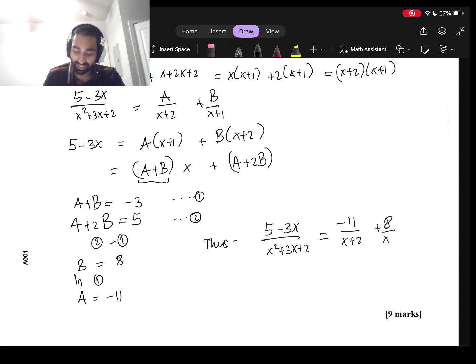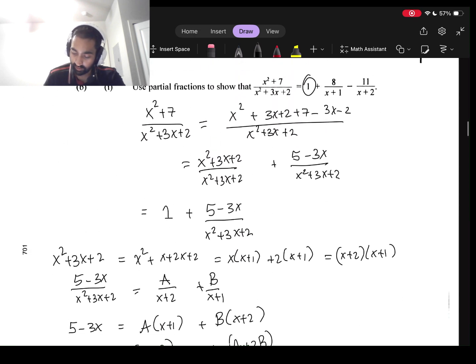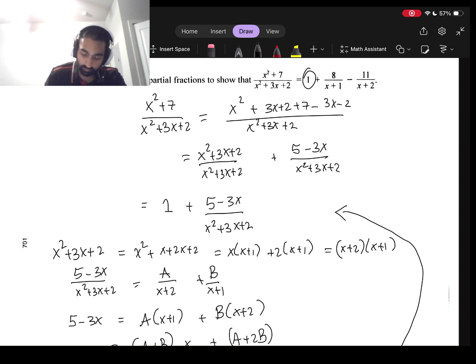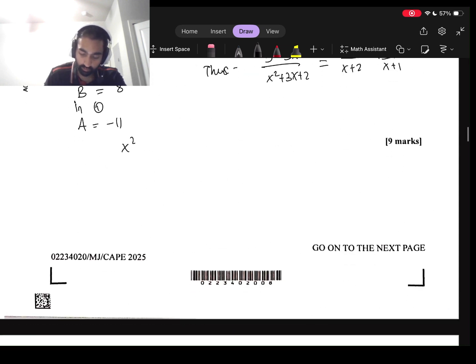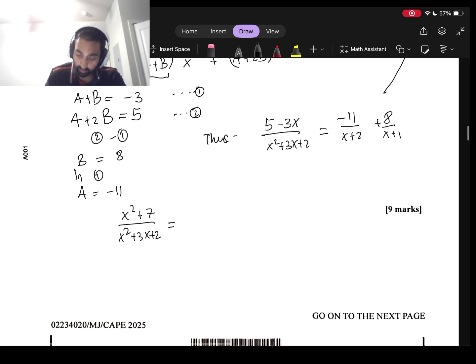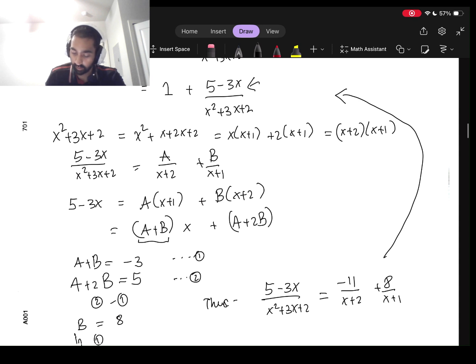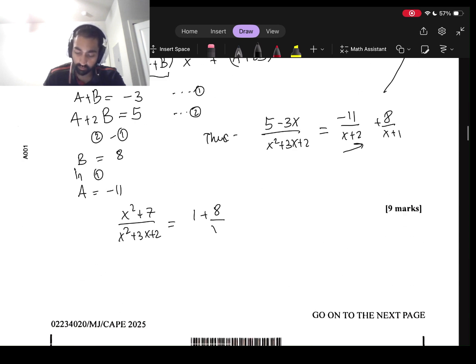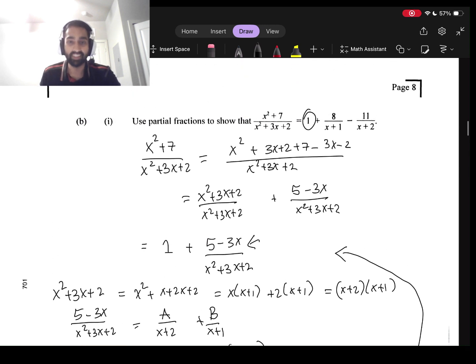So now if I put it back into my original expression, x squared plus 7 over x squared plus 3x plus 2 equals the same expression, but instead of the 5 minus 3x part, I use this. So it's just going to be 1 plus 8 over x plus 1 minus 11 over x plus 2. To see if we did it correctly, let's see if they have the same thing, and they do. So yes, we did it right.